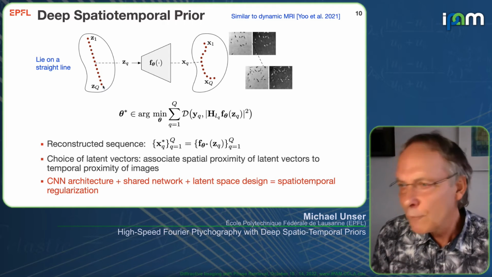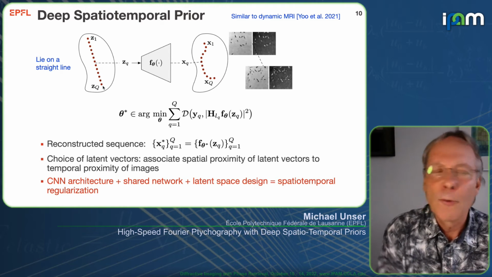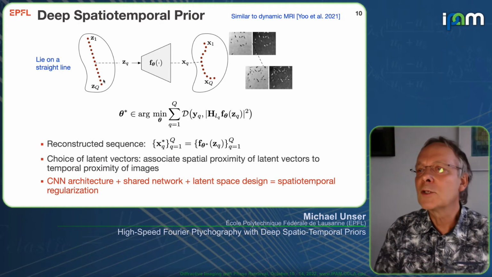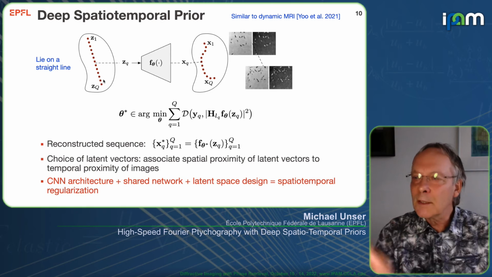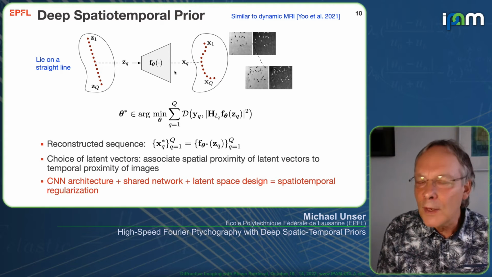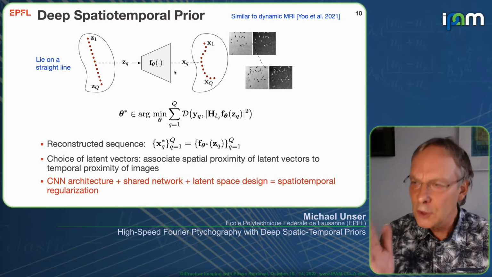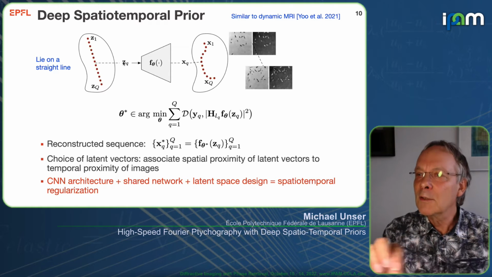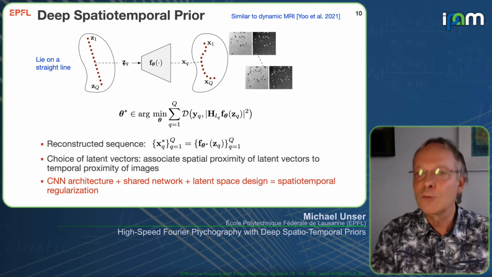The simplest manifold, which we use in our experiment, is a straight line. This neural network is shared by all images in the sequence, and we inject latent variables that lie on the straight line.